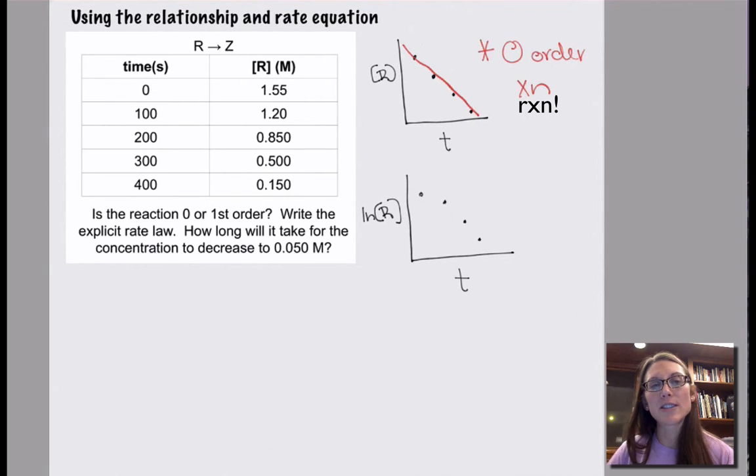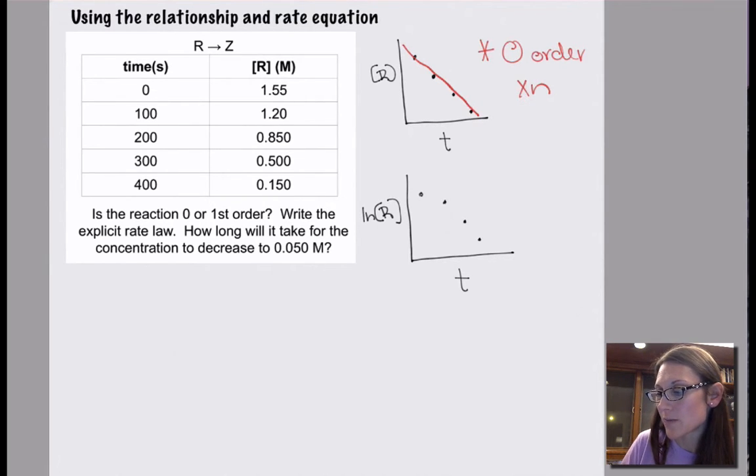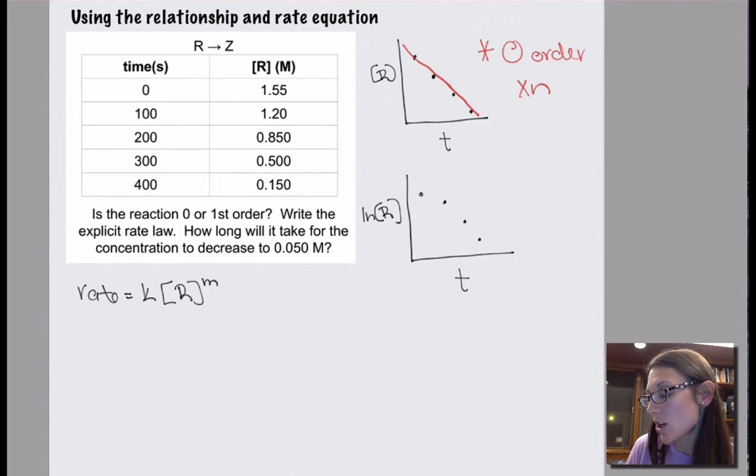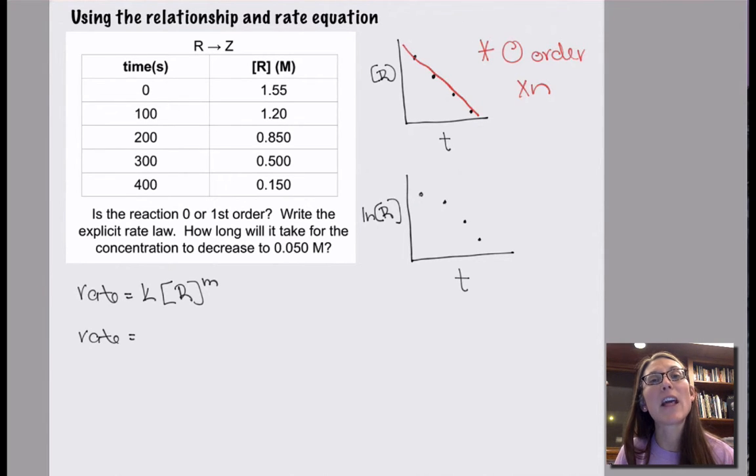The second question says, write the explicit rate law. So if you recall, your general rate law is rate equals k times whatever chemical it is raised to an exponent. Because we know that this is a zero order reaction, I know that I can find my value of k as finding the slope and taking the negative value of that from the linear graph.